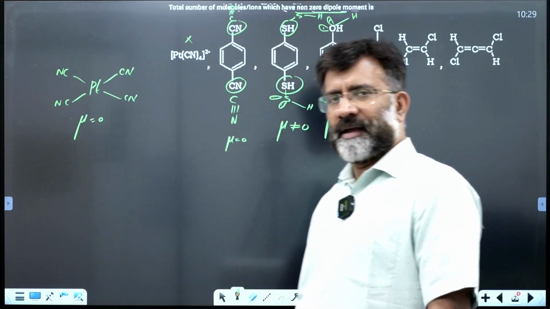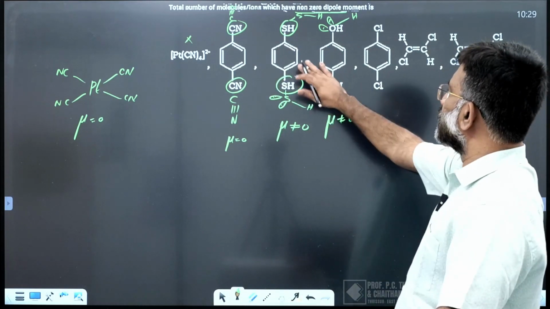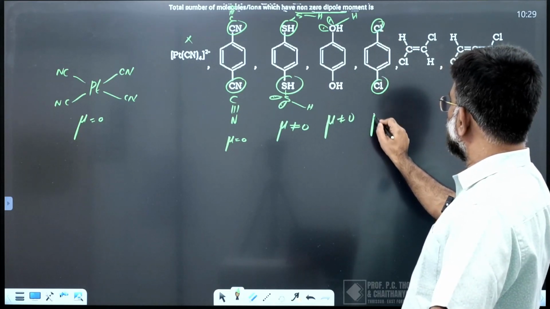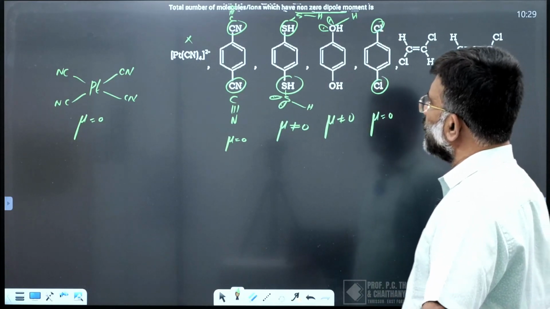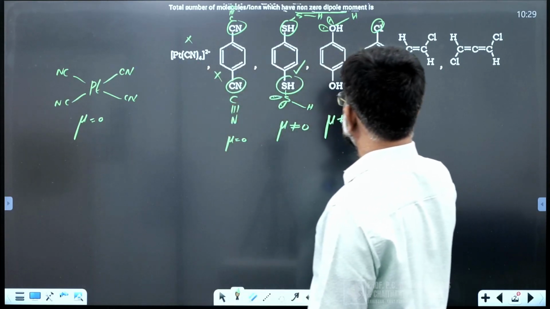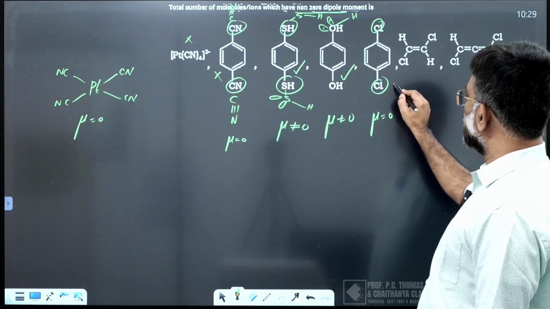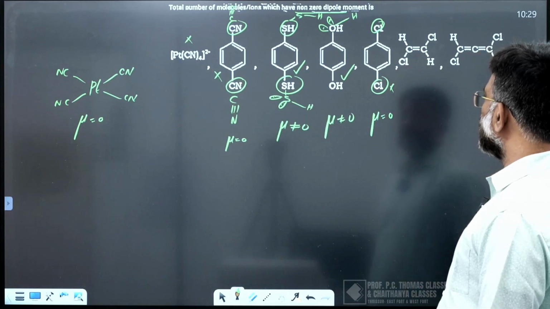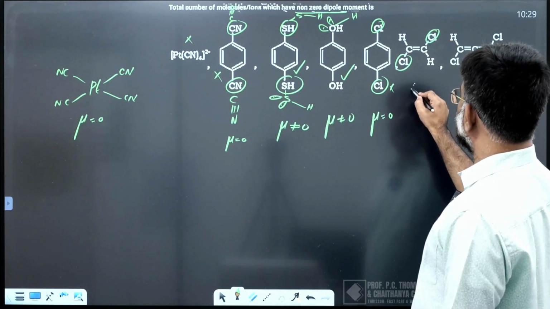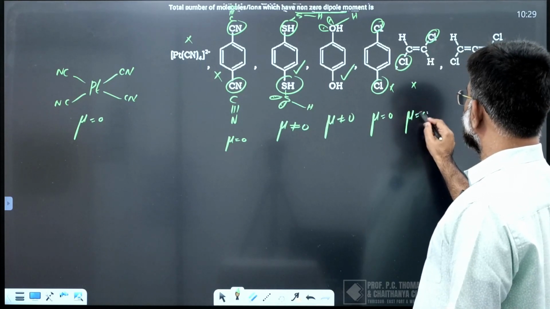Quinol does not have a 0 dipole moment, and of course this also. While this chlorine and chlorine will mutually cancel, dipole moment is equal to 0. So this is not the answer, this is not the answer, this is an answer, this is an answer. This is not the answer because it will cancel mutually. What about this? These two are trans position, they will cancel mutually, dipole moment is 0.